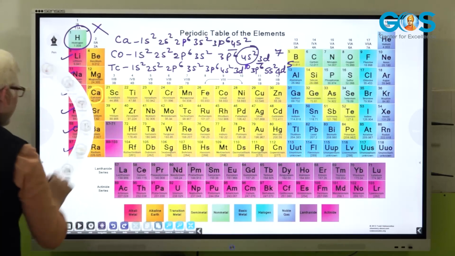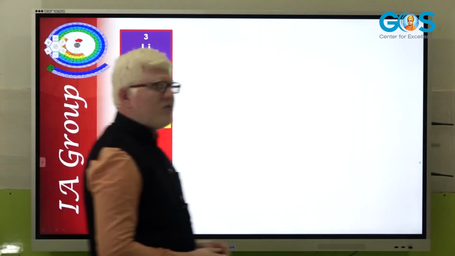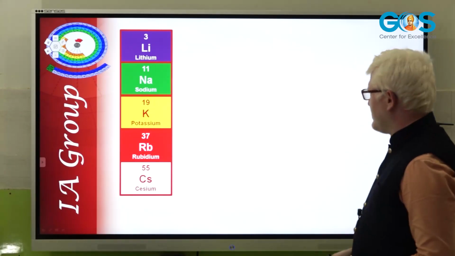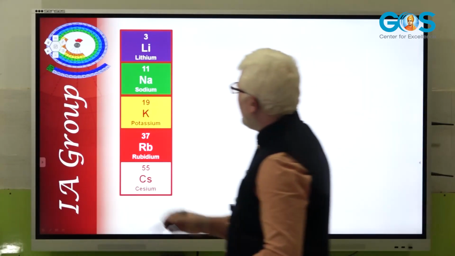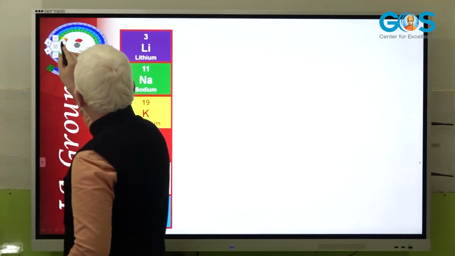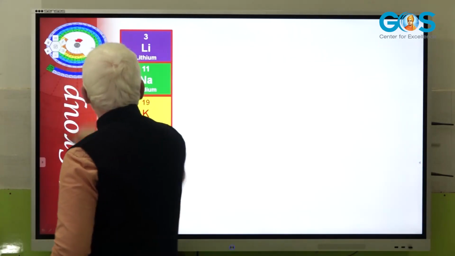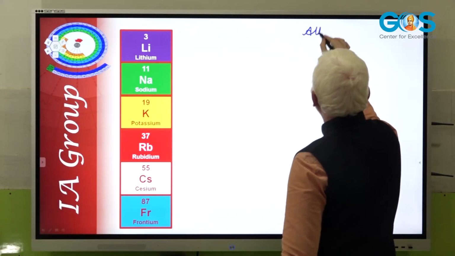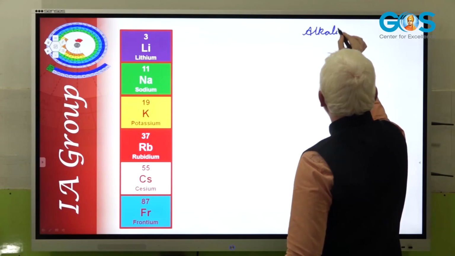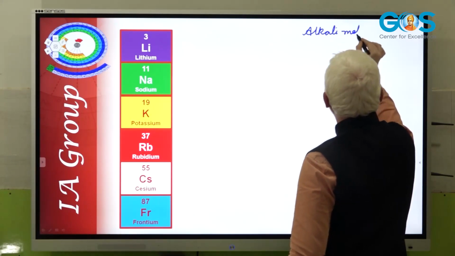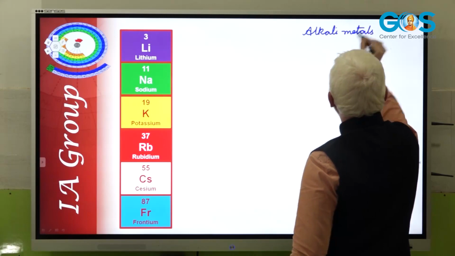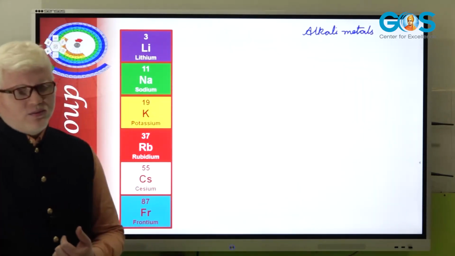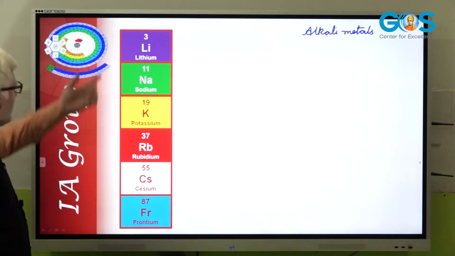Now let us learn some more information about 1A group elements, my dear students. 1A group elements are also called alkali metals. What are the 1A group elements?